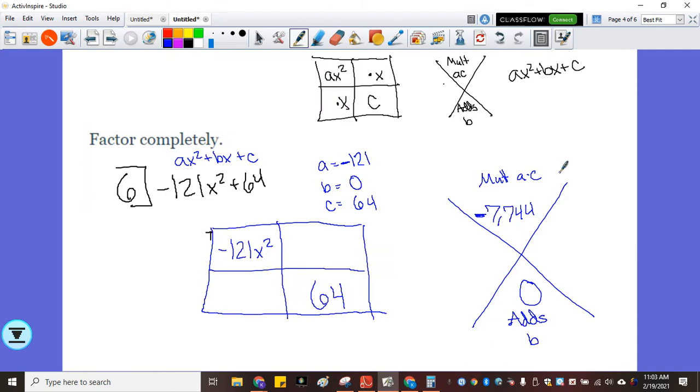Okay. So how we multiply to negative 7,744? I'm gonna make this list.